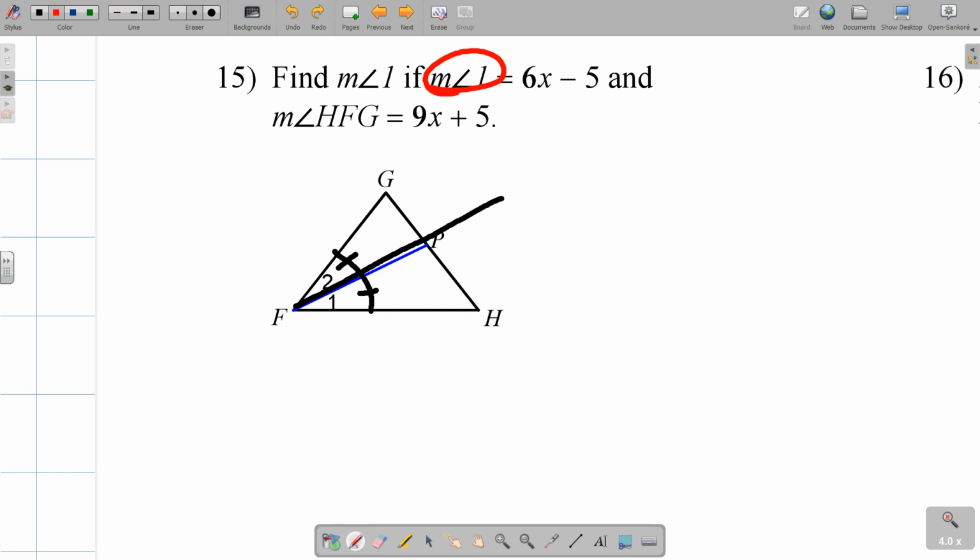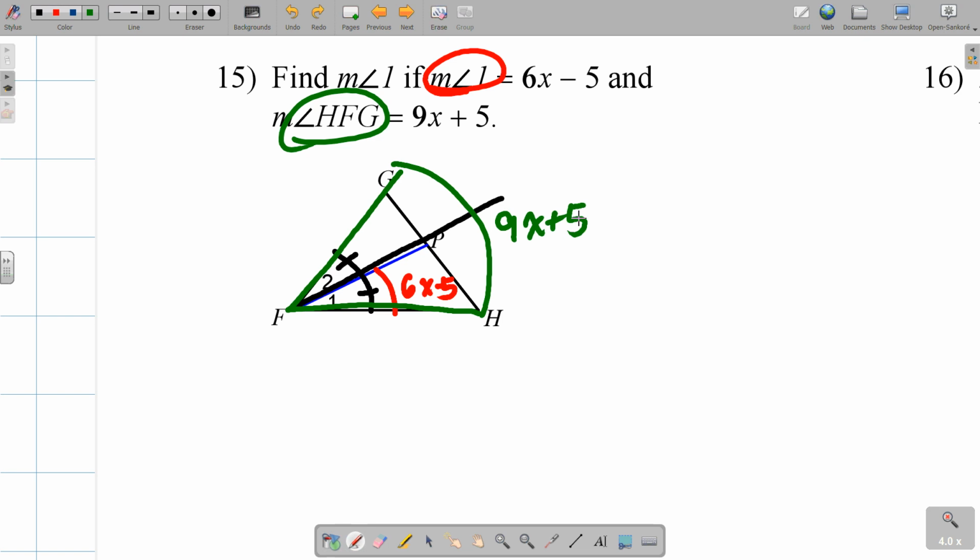We're given angle 1 right here is 6x minus 5. And we're given angle HFG, the whole thing, is 9x plus 5. Now, the most common mistake students make is they just see equations and they just kind of randomly do this.